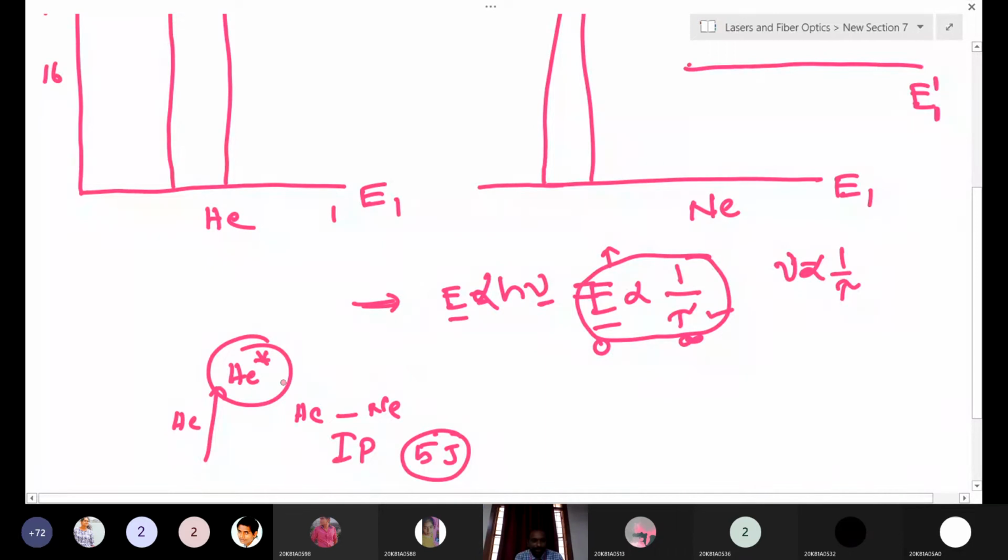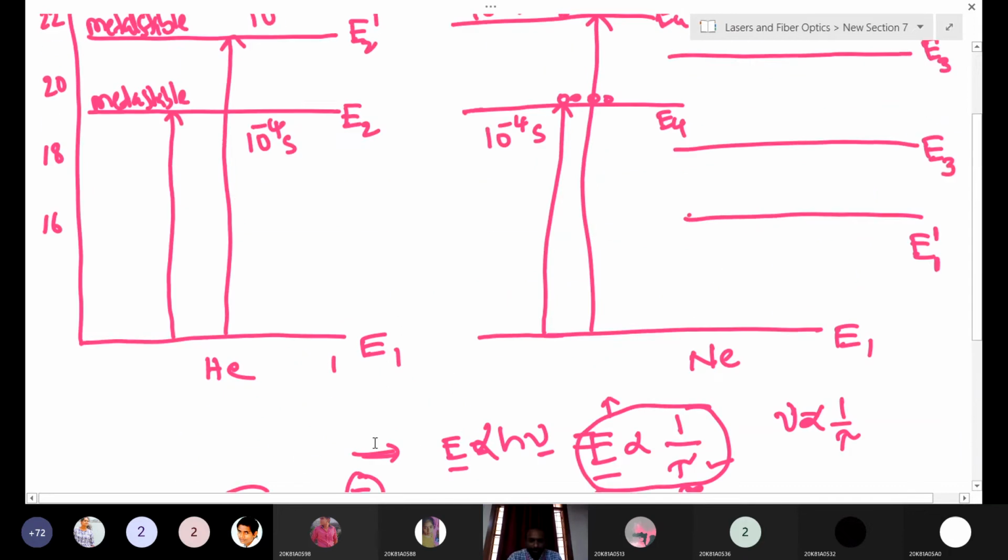That's why the helium atoms interact and collide with neon atoms and give some energy. In addition to this 5 joules, some extra energy is received, and then the neon atoms go to the excited state. This is just an example, 5 joules is not an exact value, I took a value just for understanding.